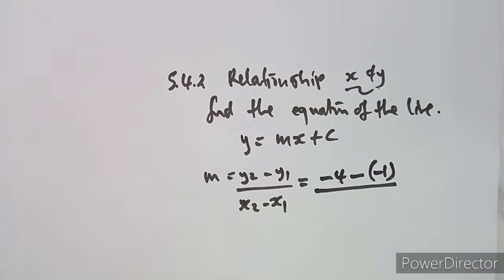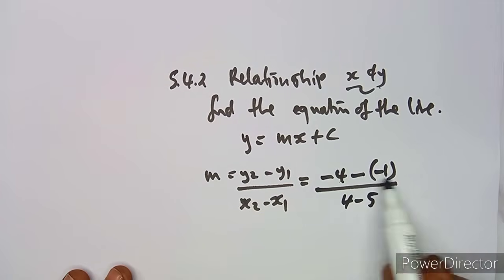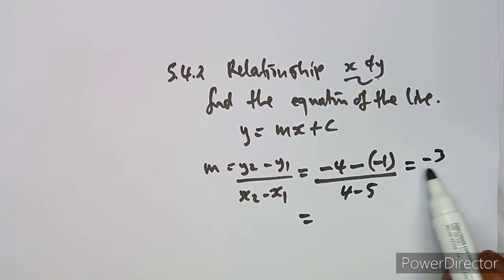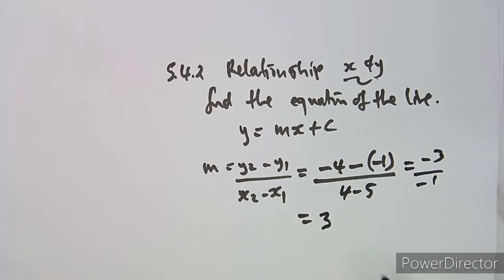If you simplify properly, you're going to obtain something like negative 3 over negative 1, which is going to give you a 3. So you've got the gradient there.